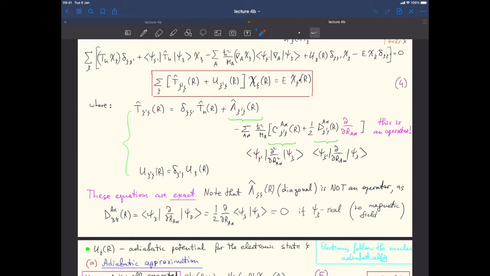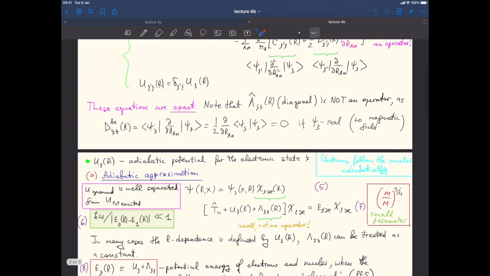If it was non-diagonal, you can't do this because you apply here this differentiation operator only on the right function, but not on the left function. So this trick can only be performed on the diagonal elements. But for the diagonal elements, therefore, these d's are equal to 0 exactly, and therefore you don't have this differential operator. So the differential operator here appears only for off-diagonal elements of the non-adiabaticity operator.